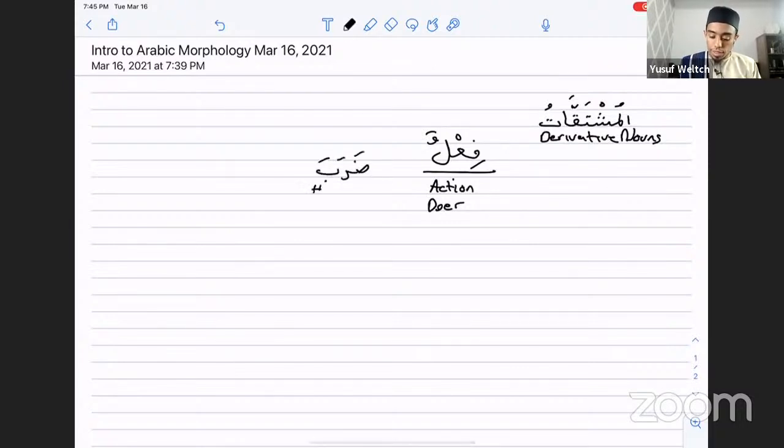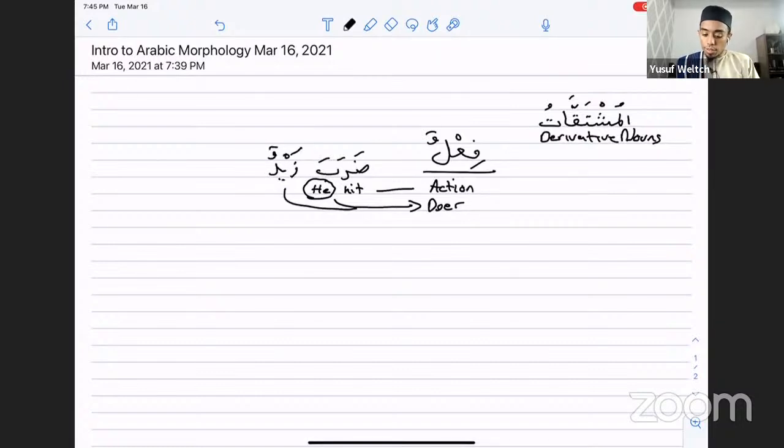So he here is a pronoun which is subsumed in the verb. So you have the action, which is to hit. You have the doer, which is he, or if you put the noun after the verb, this would be your doer, depending on whichever one you want to use. In this example, we're just using the pronoun. And it has a tense. In this case, it's past tense.